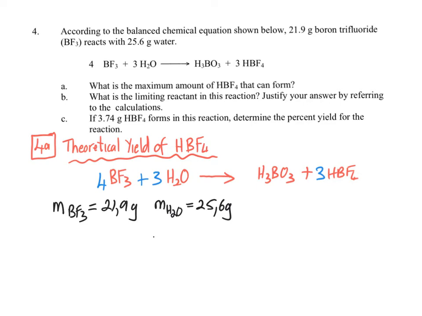Now, the coefficients in the balanced chemical equation give us the molar ratio. So one of the key concepts in this section of work is the mole concept. So I'd ask you to please pause the video and convert both these quantities into the number of moles for each of these two substances.